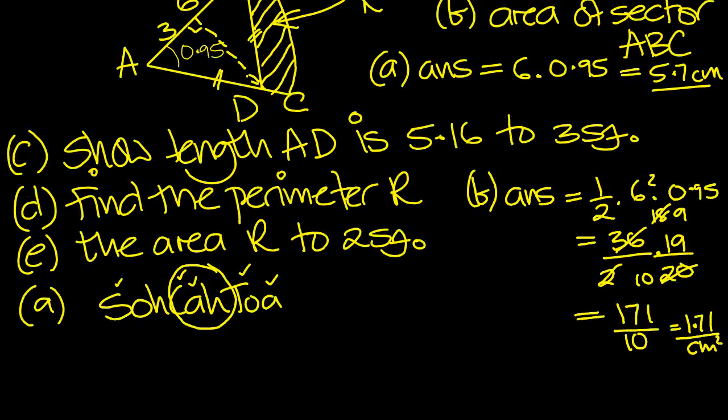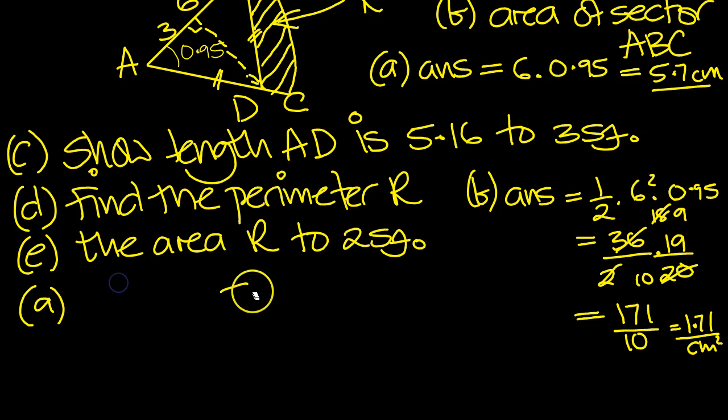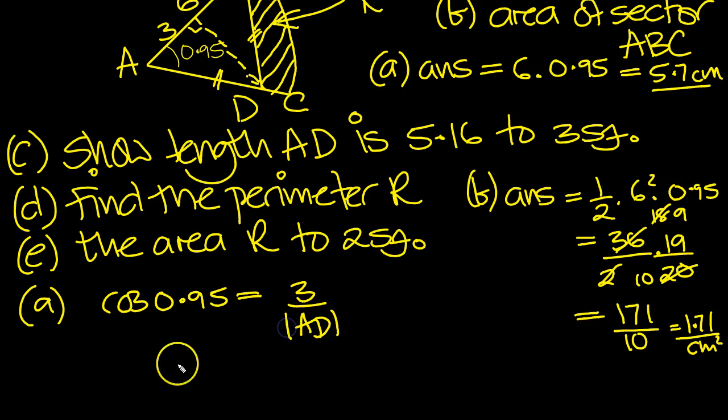So cosine of this angle, 0.95, is equal to the adjacent, which is 3, over the length AD. That tells us, move the AD up here, and the 3 can stay as is, and move the cos 0.95 underneath.